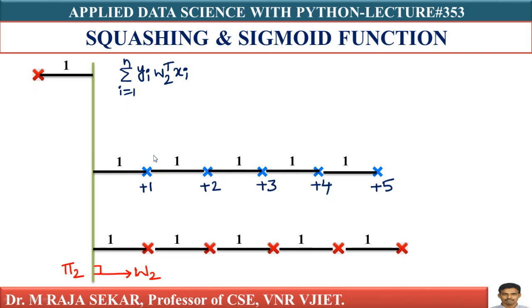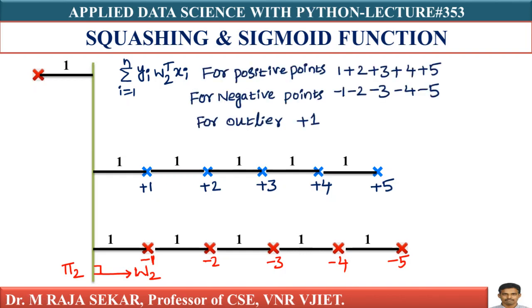Yi into W2 transpose xi, as they are in the same direction. Are they not in the same direction? They are in the same direction. If they are in the same direction, you must take it as positive. For positive points, I need yi into W2 transpose xi. Therefore, what is this distance?